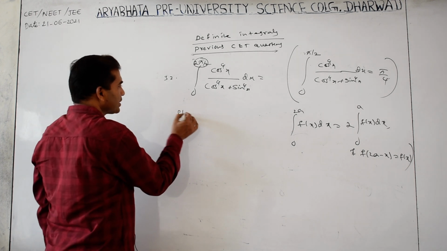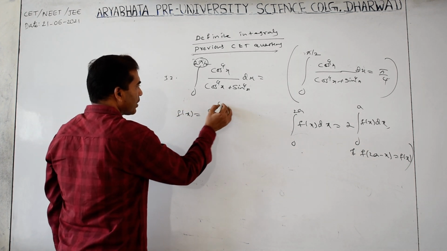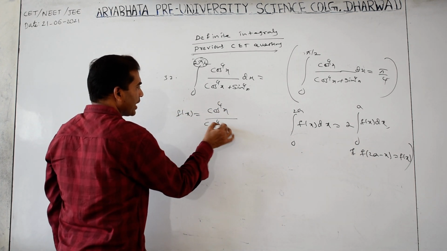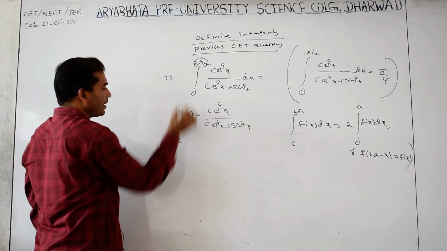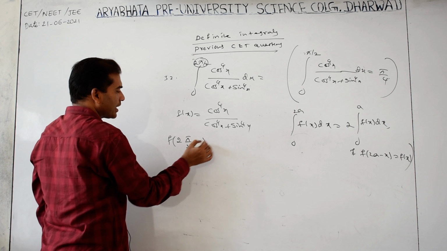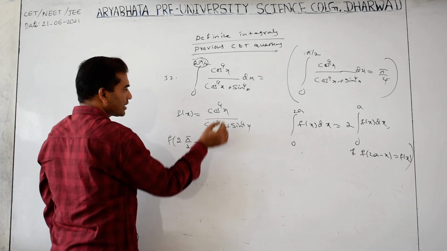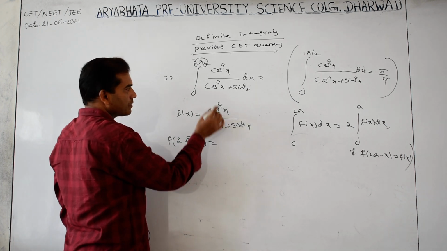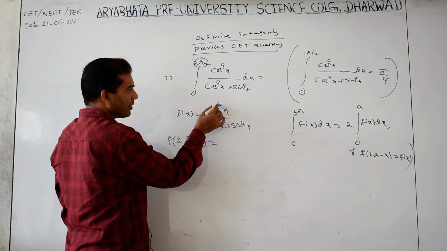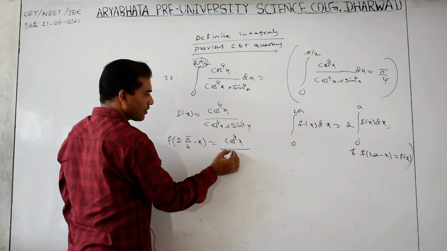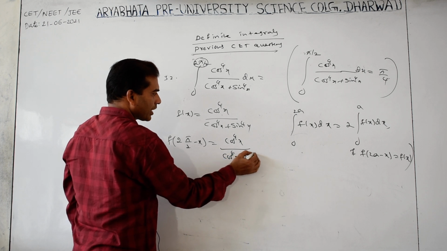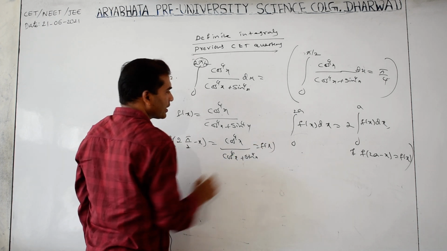This is f of x, cos power 4x by cos power 4x plus sin power 4x. F of 2a, that is pi minus x: cos of pi minus x is minus, but 4 is an even power, so we will get positive only. Cos power 4x, here also cos power 4x, here also sin power 4x, which is equal to f of x.